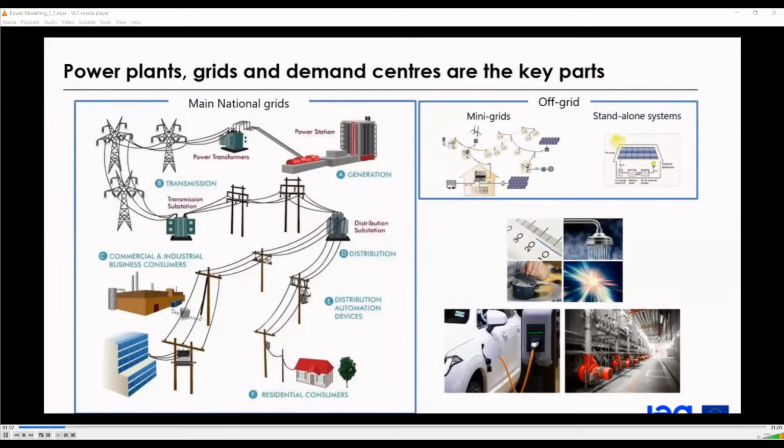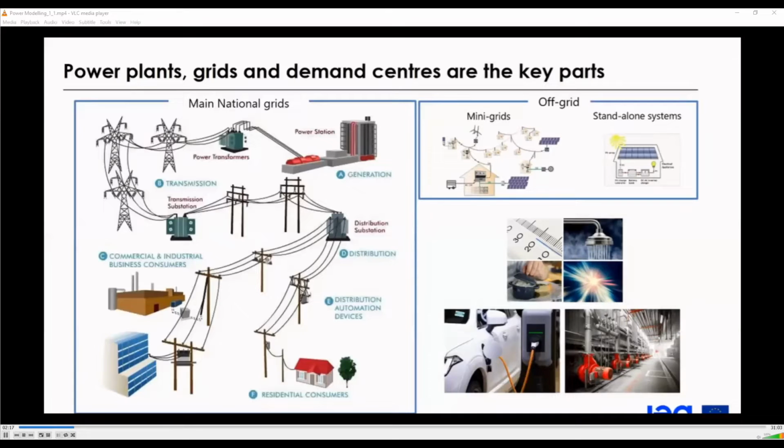We need now to remember that this is a picture taken at one point in time. For example, regarding the national grids, traditionally, this has been only one direction flows from generation centers to demand centers.